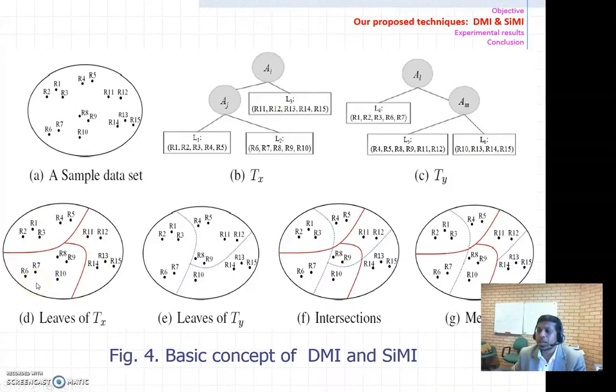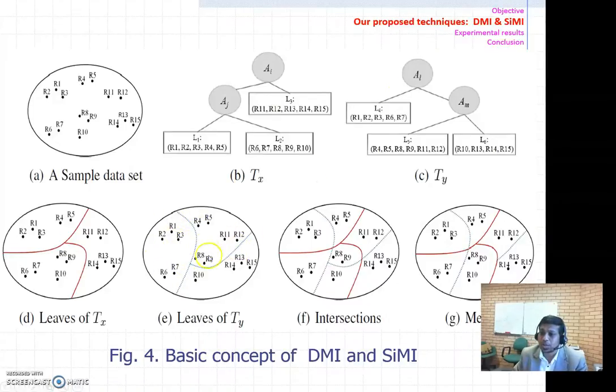Similarity among the records goes higher if we divide them into groups. And then if we build another tree, say for example TY for another class attribute, or it's a forest algorithm, then we get another tree, and then we have another type of division or grouping of records.